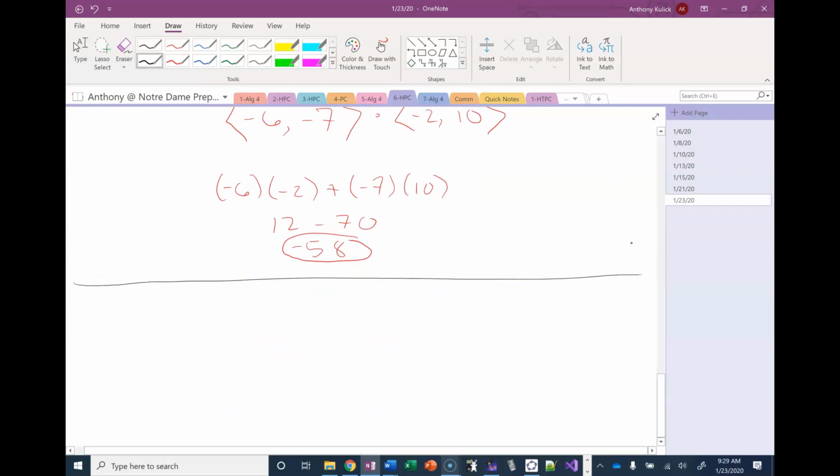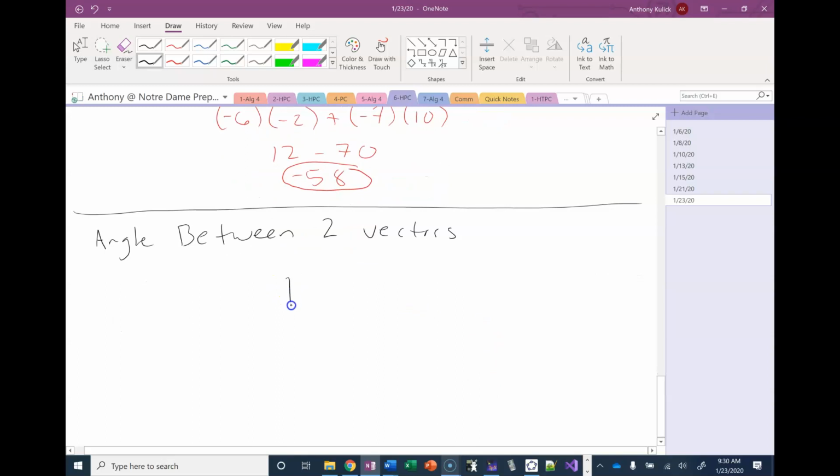So one thing we can use the dot product for is calculating the angle between two vectors. Let's imagine we have two vectors. I'm going to draw them in the xy plane here. Let's say we have vector u here, which I'm going to designate as u1, u2.